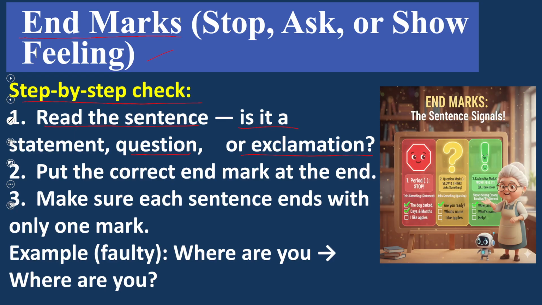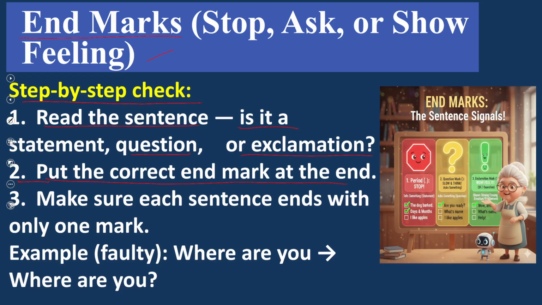After reading it, we have to closely observe: is this sentence a statement, or a question, or is there any feeling or exclamation there? According to the wording or the statement, we have to select and put the end punctuation mark. Number two, put the correct end mark at the end.